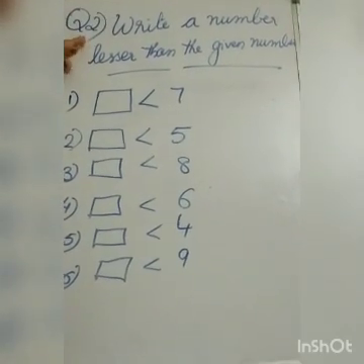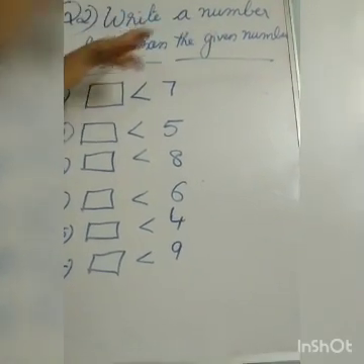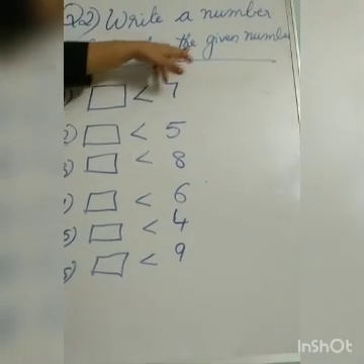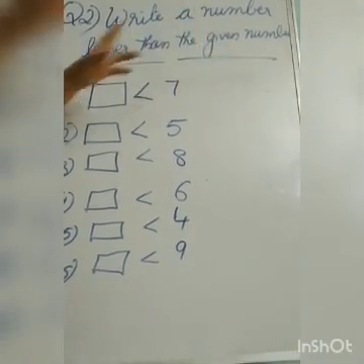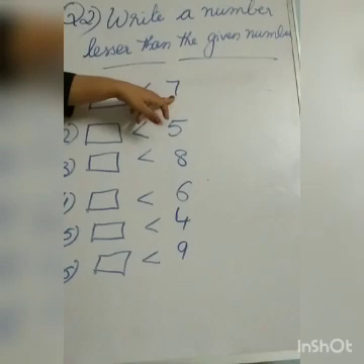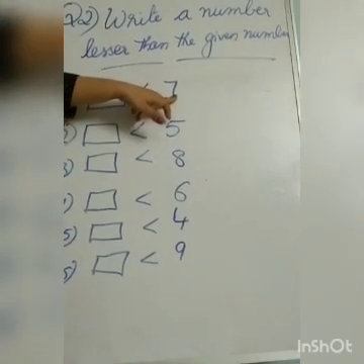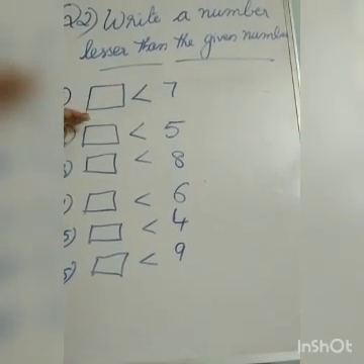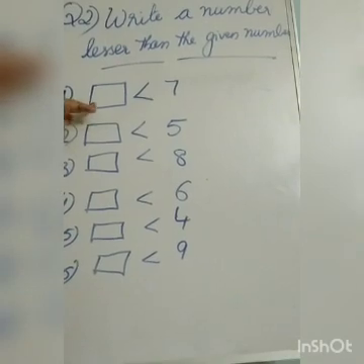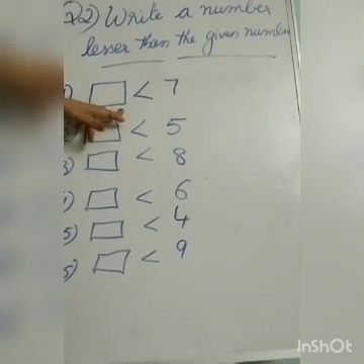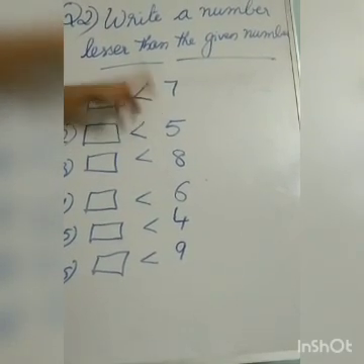Question number 2. Write a number lesser than the given number. Here, which number is given? 7. You can write a number from 0 to 6. Any number you can write.